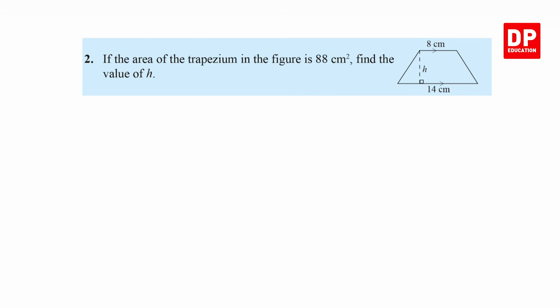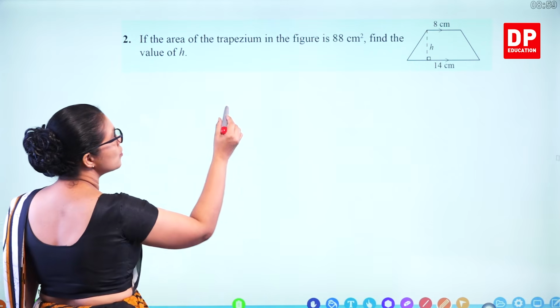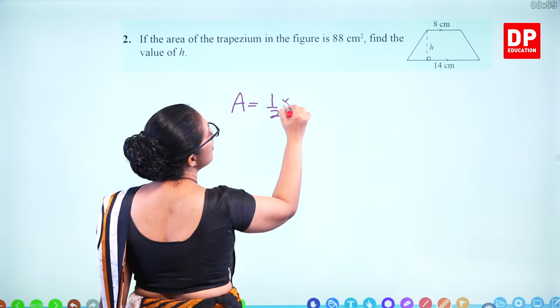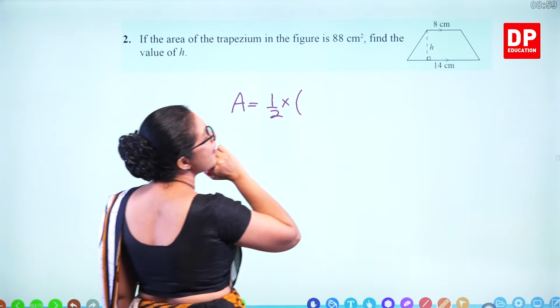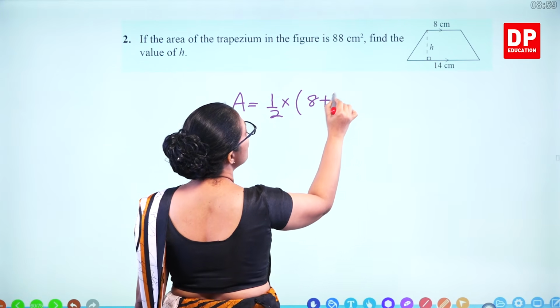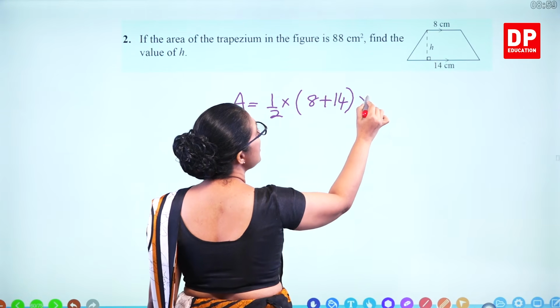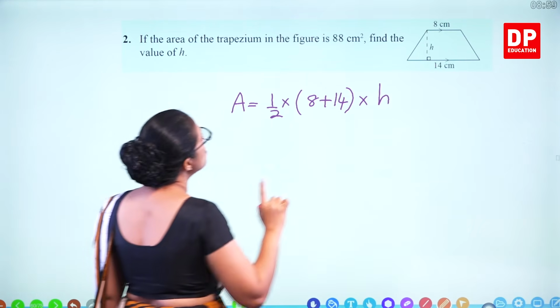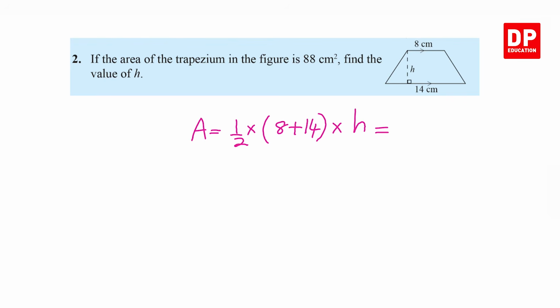Question number 2. If the area of the trapezium in the figure is 88 square centimeters, find the value of h. So area is half the two parallel lengths 8 and 14 into h, that's equal to 88.